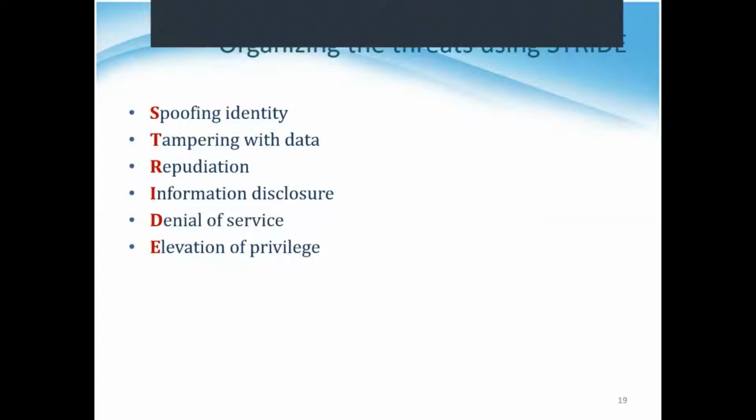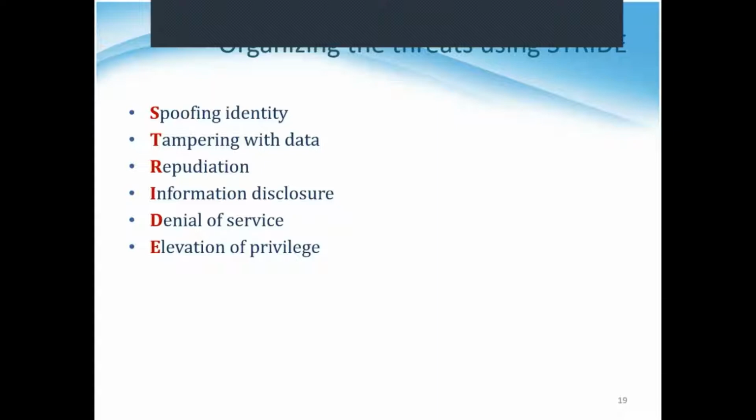So how to organize the threats using STRIDE? The threats may come in different forms, as I already told. One of the major ones is DoS, denial of service. These are the ways we can organize the major threats in cloud security. When you go for cloud, what are the threats? Spoofing identity, tampering with data, repudiation, information disclosure, denial of service, and elevation of privilege.